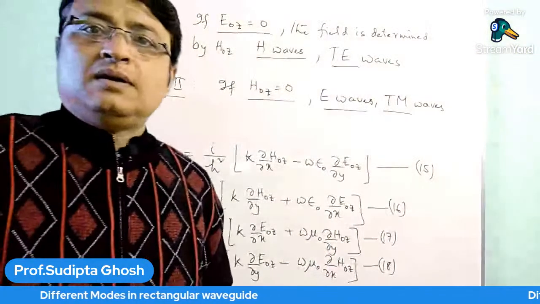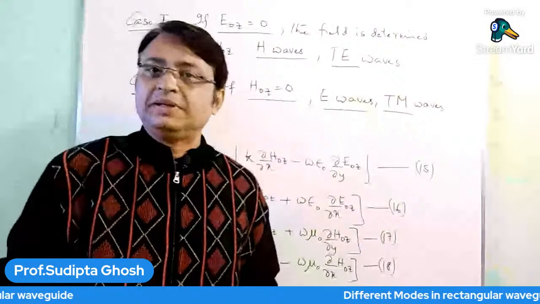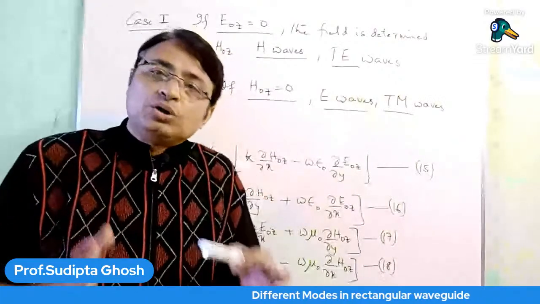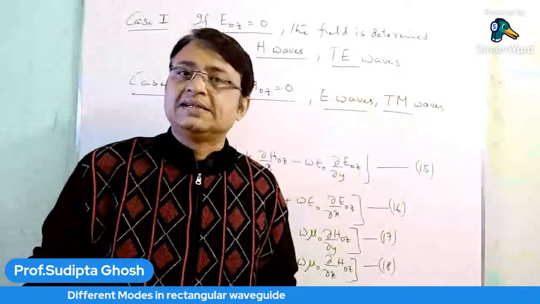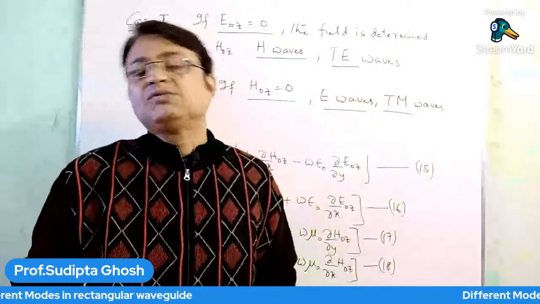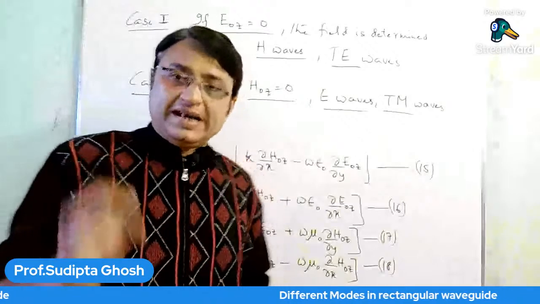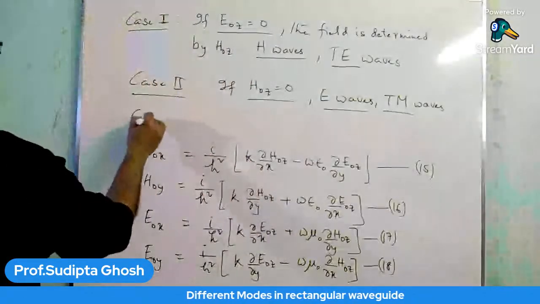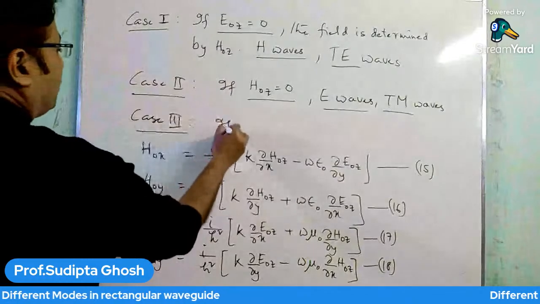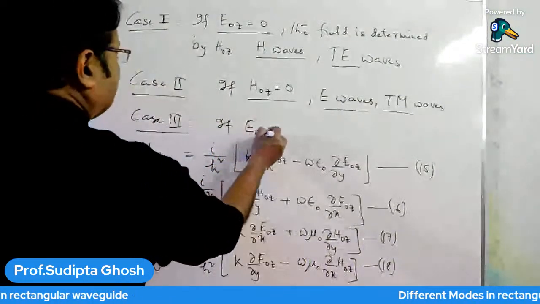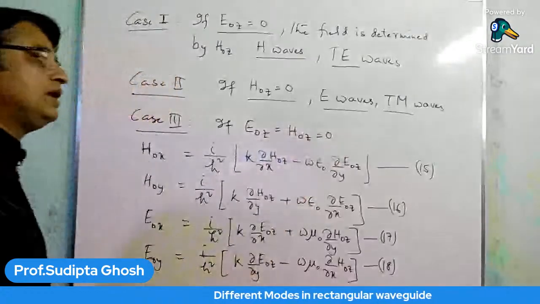Right? Now, the third case can also be there. That is, both the longitudinal components, EOZ as well as HOZ, are 0. So, case number 3 will be if both EOZ as well as HOZ are 0. What will happen?